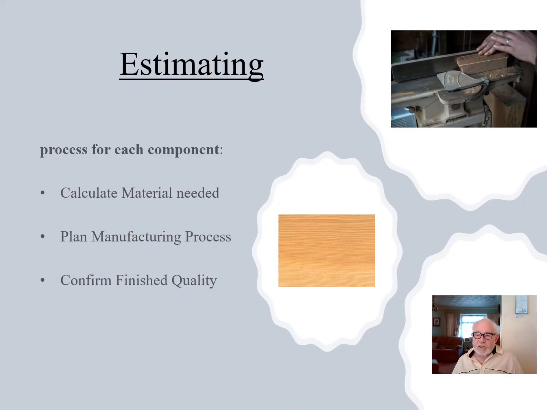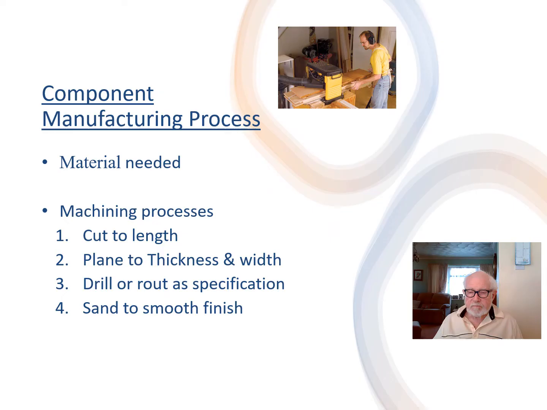This slide shows the basic estimating process for component parts. This is an example of a single component being made out of wood. The estimator calculates the cost of material needed plus the time allowed for each process at the hourly rate to arrive at factory cost for each component.